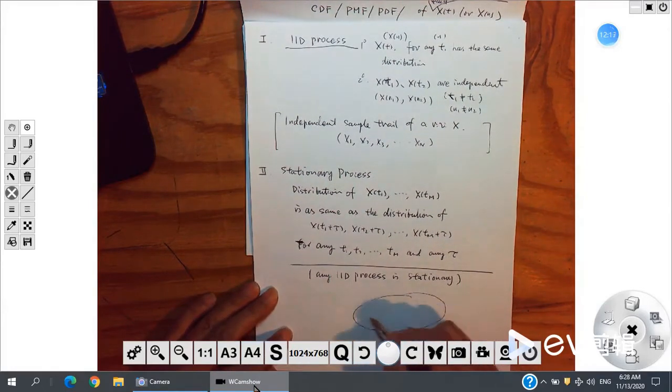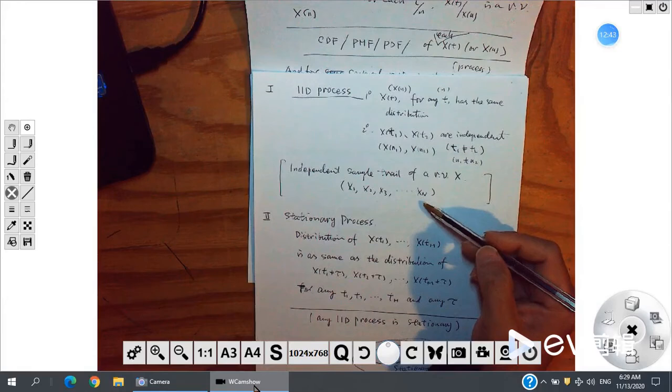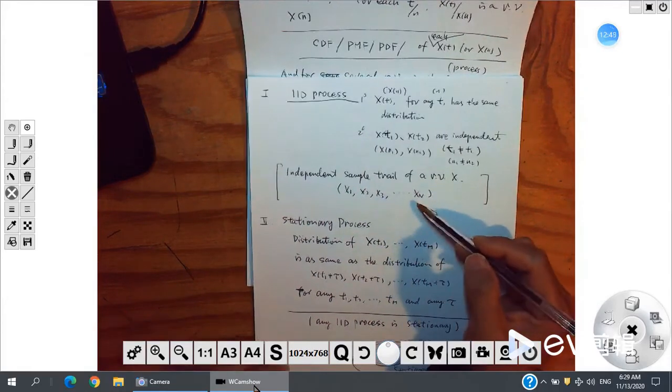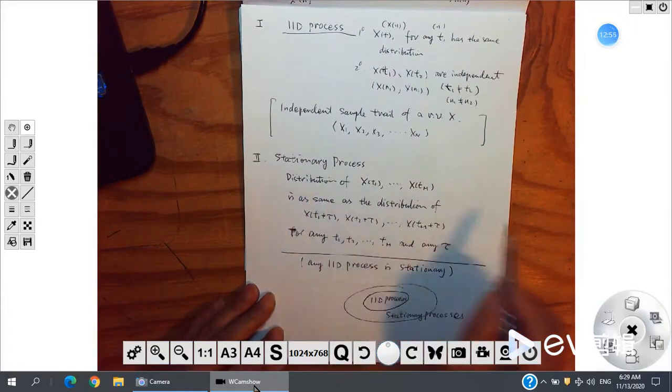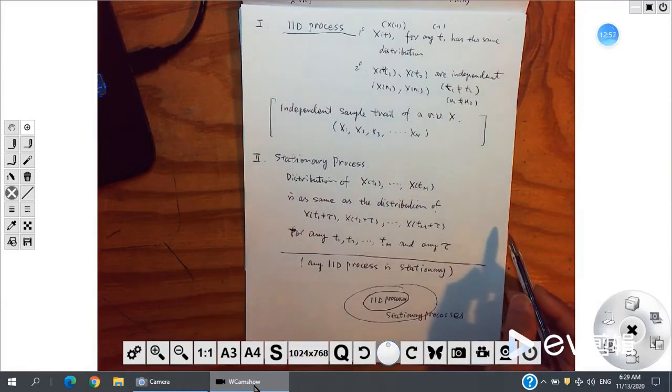I use this to represent all the stationary processes. The IID process is a part of the stationary processes. IID might be too simple, and we cannot use it for some complex cases, so we consider wider processes. So this is the stationary process, and this feature is very good.